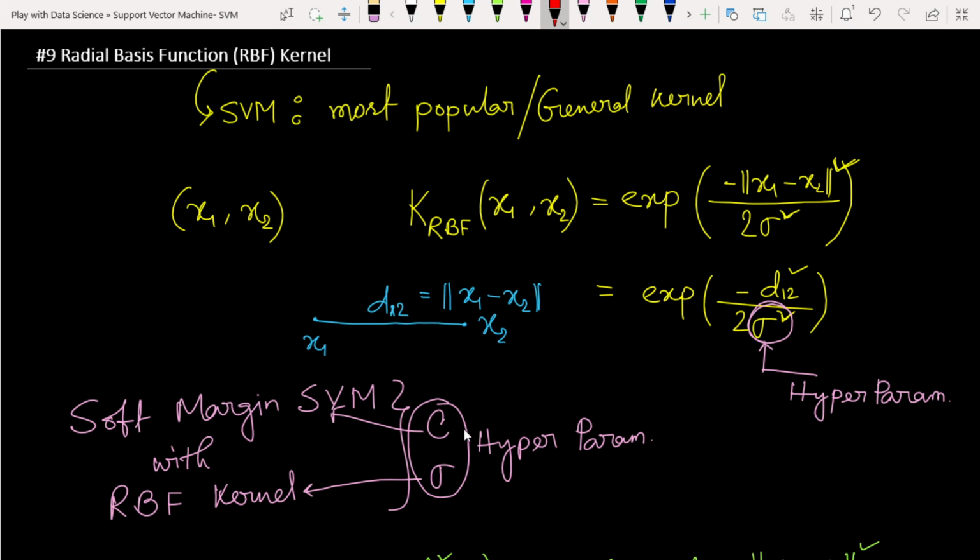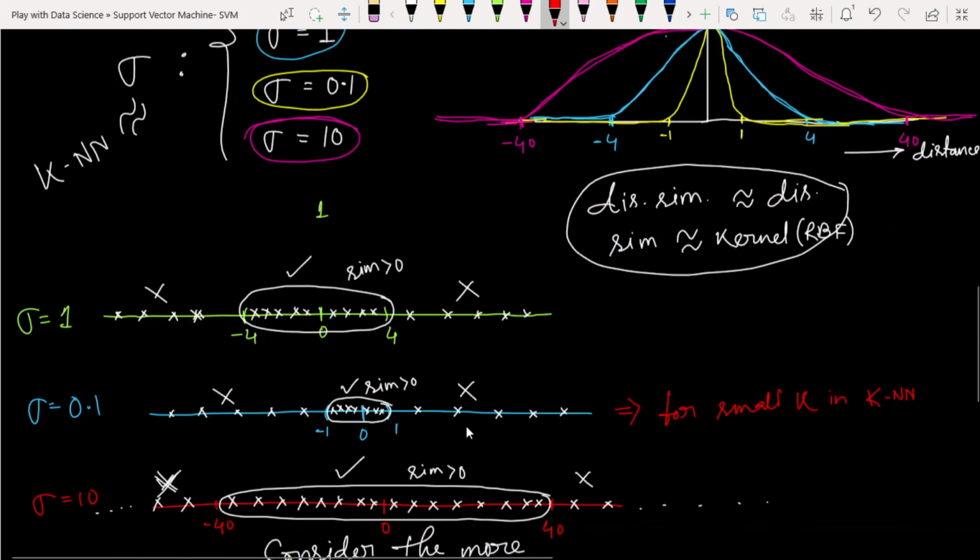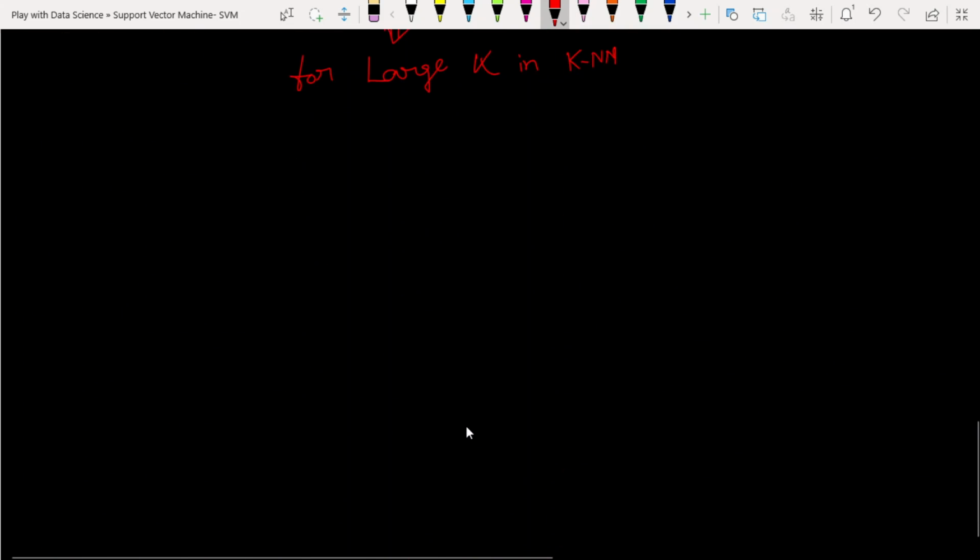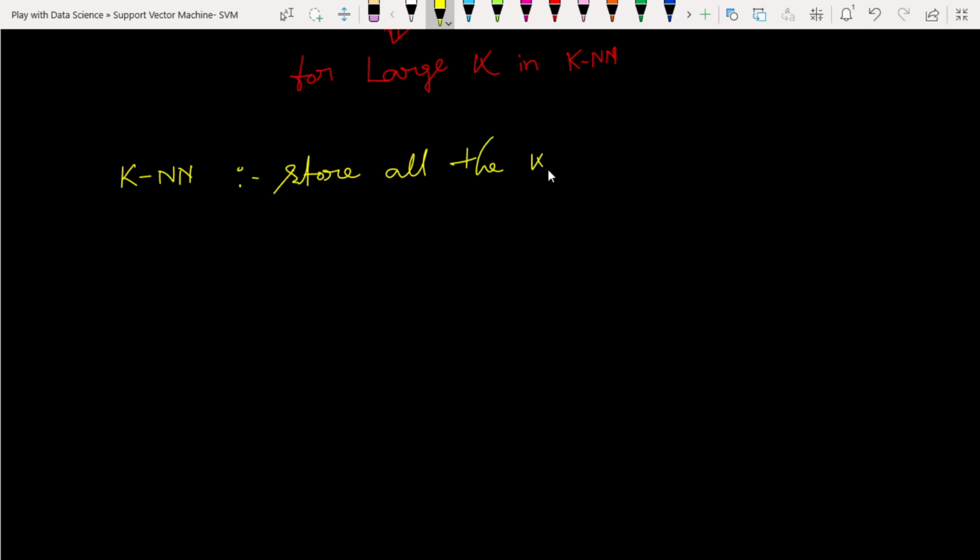So the main thing is the time complexity. If you just remember KNN, we see that if we train our data using KNN, we have to store all the K points.